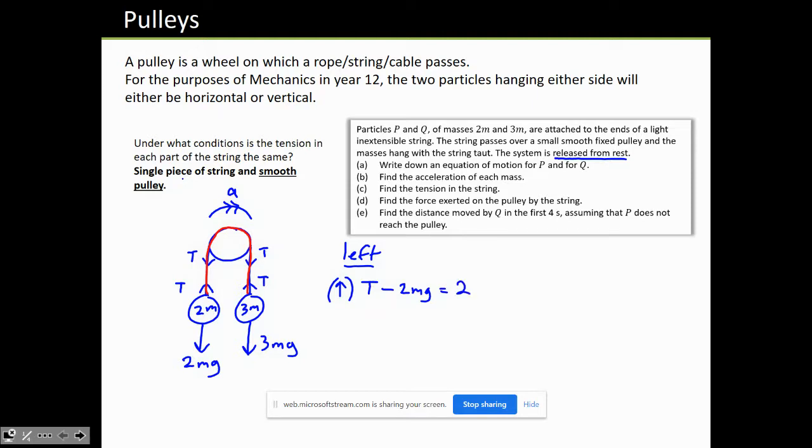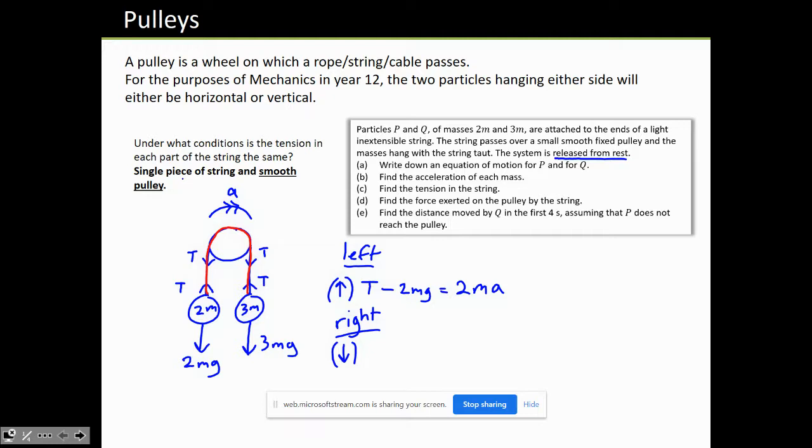So our mass is 2m, and our acceleration in that direction is a. If we think about the right, then if we continue in that same direction, the string, the whole system, bends around and then is heading downwards.